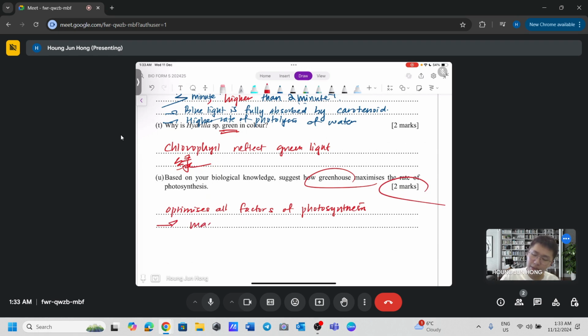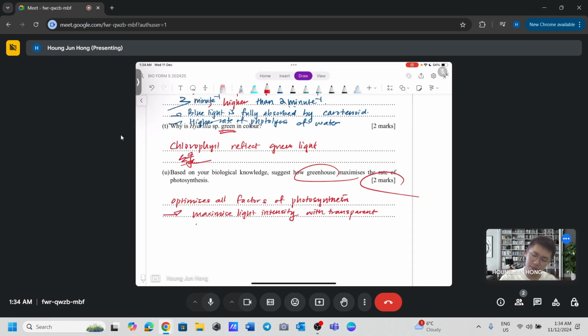For example, maximize light intensity with a transparent wall or roof. Another one, maybe maximize your carbon dioxide concentration.